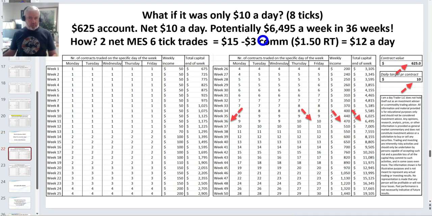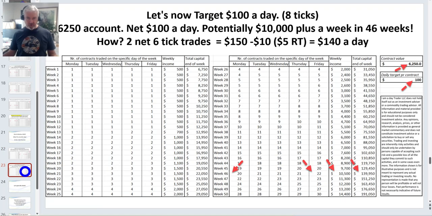Now if you started with just $10 a day using my compound program that I showed you, that is, you start trading an extra contract every time you double your money, within 36 weeks, okay, you've now got up to your $6,000, and you can now roll over and start trading the big contract within another 46 weeks after that.